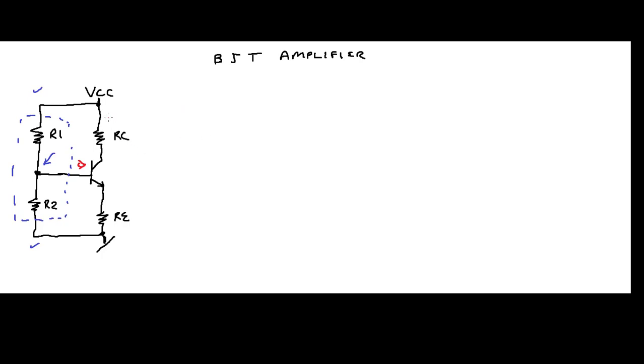In other words, you don't care about the transistor right now. If you forget about all that, you're just looking here, you disconnect it. This is connected to VCC, and down here this is connected to ground. What voltage would you see?